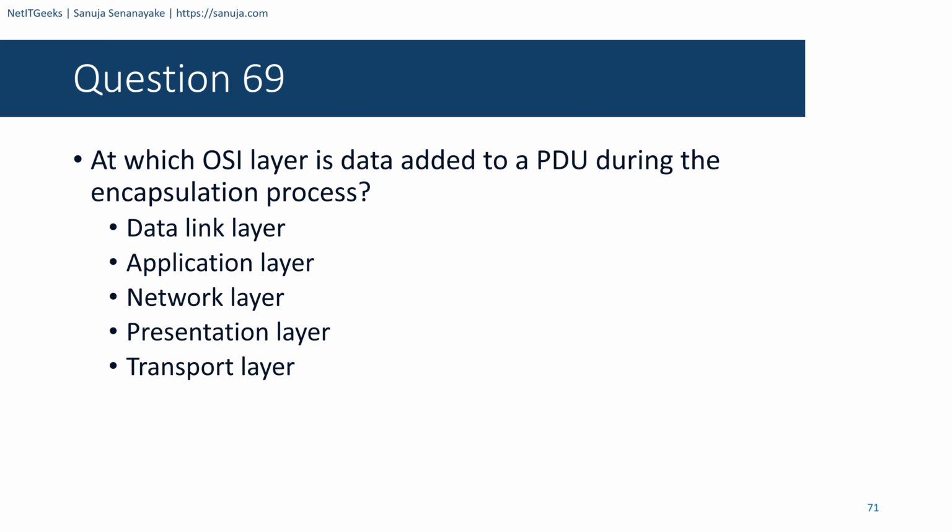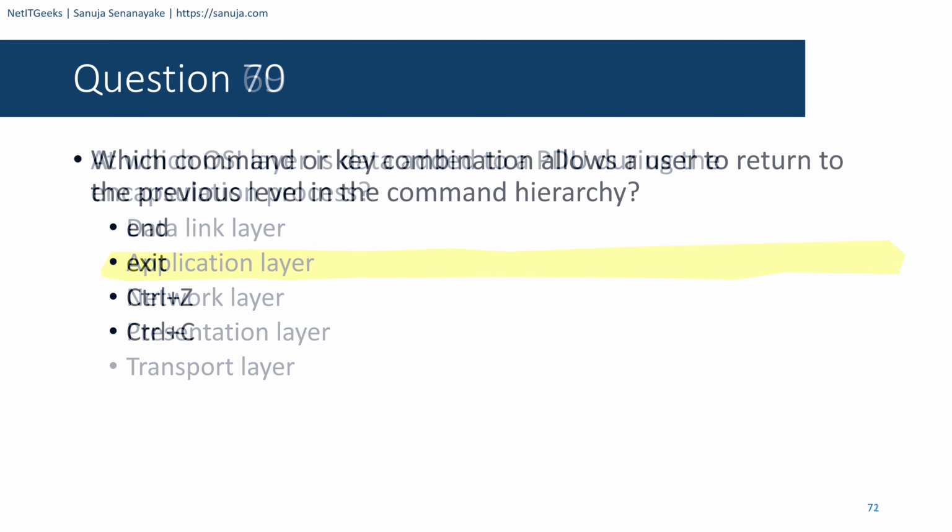So in this question, they are asking in the OSI layer model, data is added to a PDU during what encapsulation process, right? Data link layer, application layer, network layer, presentation layer, transport layer. What layer? The answer to this question is application layer. Again, you just need to know your OSI model.